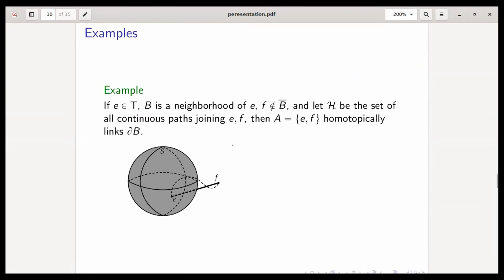And a simple example here: if we have a set A consisting of two points, e and f, this set homotopically links to the boundary of a set B, where B is a neighborhood of the point e, and f does not belong to the closure of B. Well, this is a simple example of a linking set, and this happens in the mountain pass lemma.